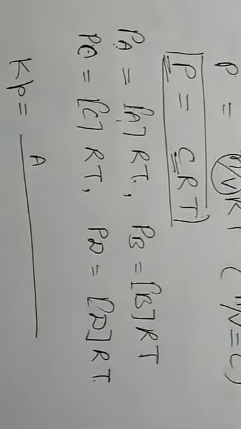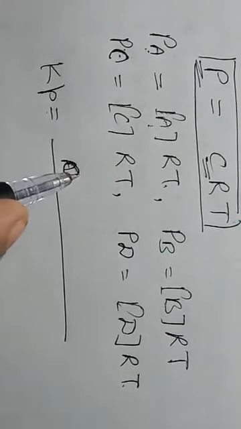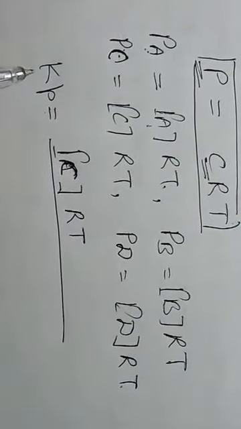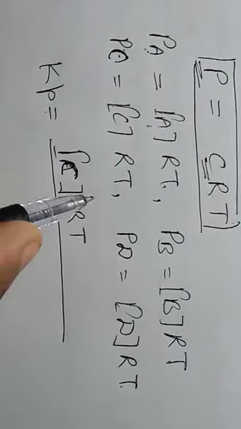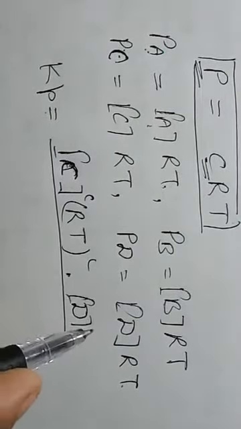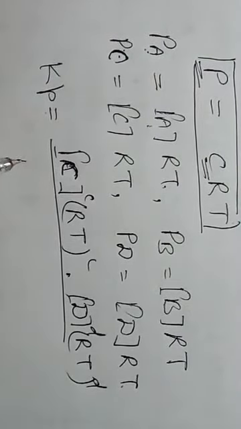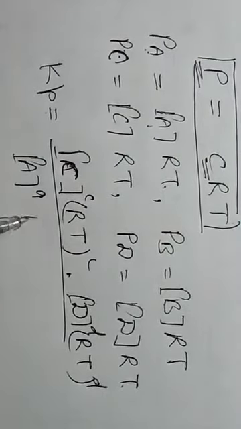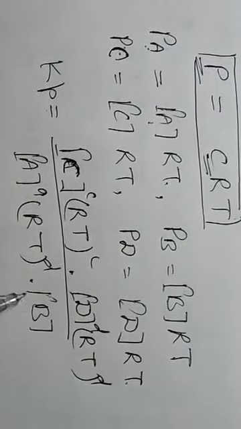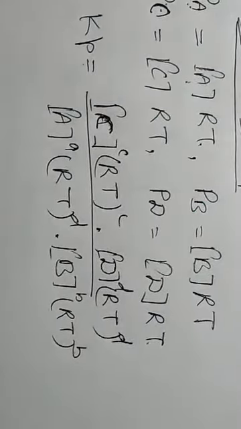So in that condition, Kp will be equal to concentration of C times RT raised to the power c, and concentration of D times RT raised to the power d, divided by A times RT raised to the power a and B times RT raised to the power b, this way.